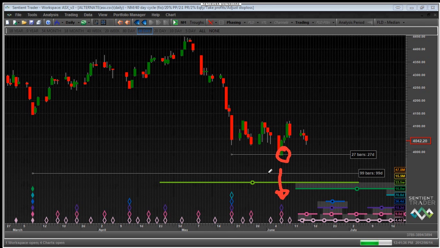But there's one link in that argument that is missing, which is if price crosses that 20-day FLD, I have confidence that a 20-day trough has occurred, but remember, the trading decision that you're making is on the basis not that a 20-day cycle has occurred, but that a 40-week cycle has occurred.